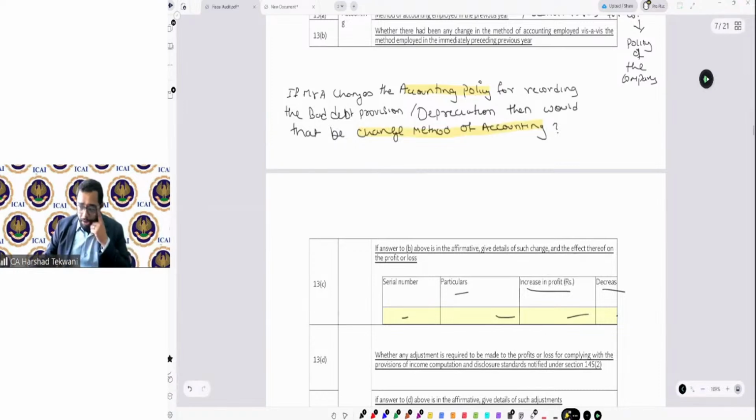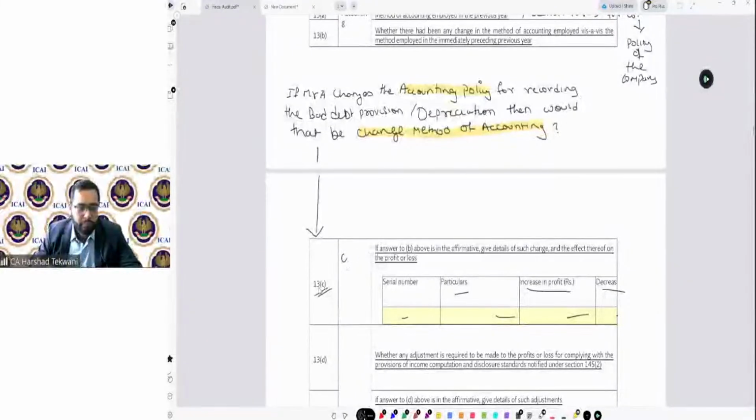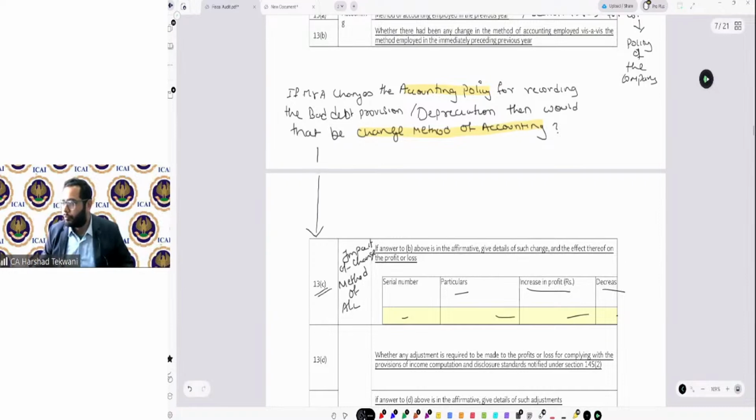Come on, guys, I'm asking a question. If I'm changing the accounting policy, let's say bad debt provision, depreciation, warranty, whatever you take, am I required to report in clause 13C, that is, impact of change of method of accounting?